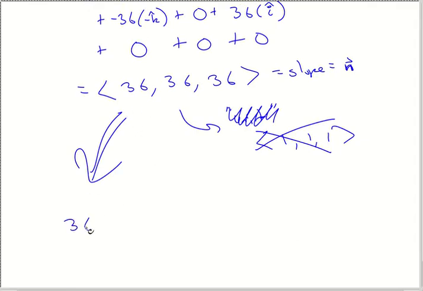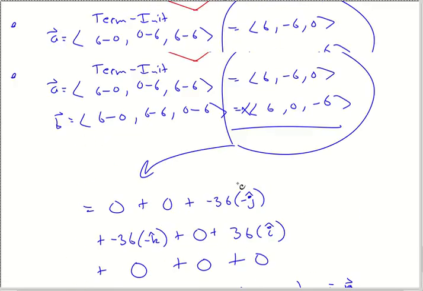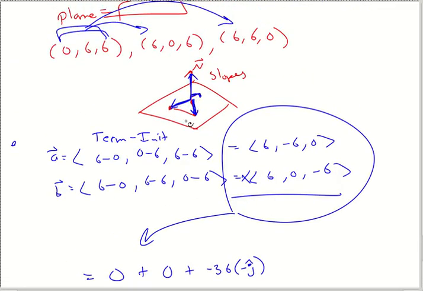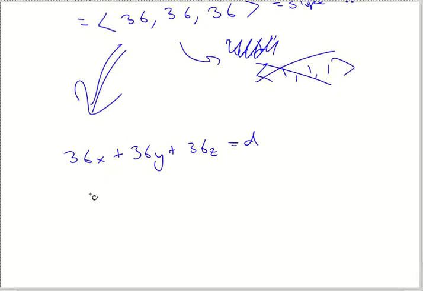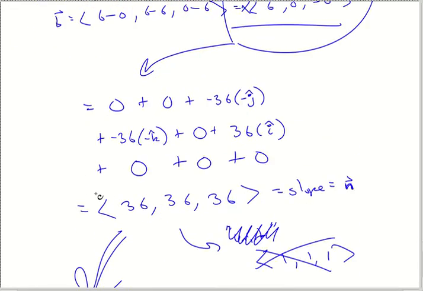So then my plane equation will look just like this. And then, of course, D, which I don't know. Well, you can plug in any point you want because, again, all 3 of these are on that plane. I'm going to pick the first one just because it makes sense, I guess. So that was, again, 0, 6, 6. Okay.